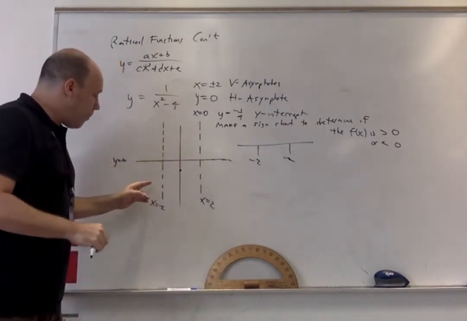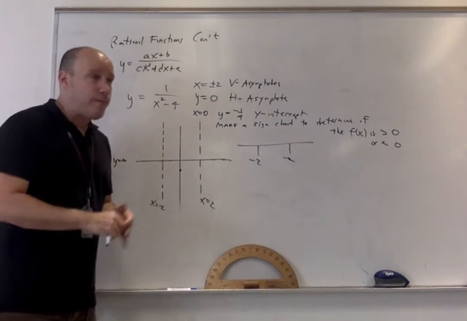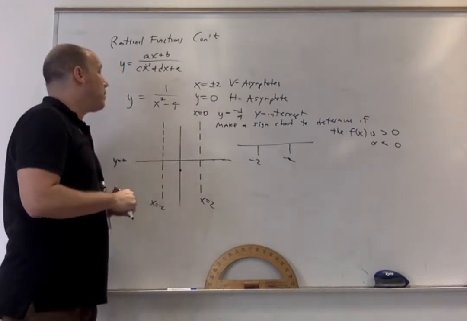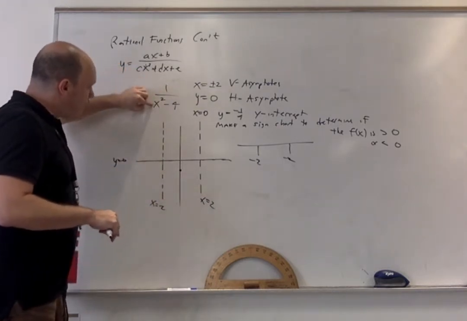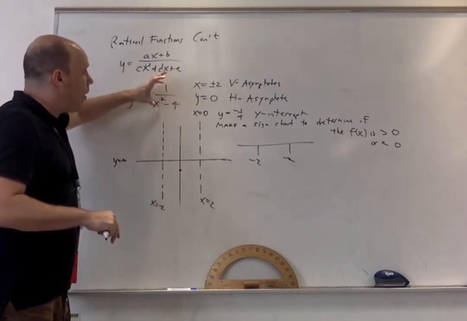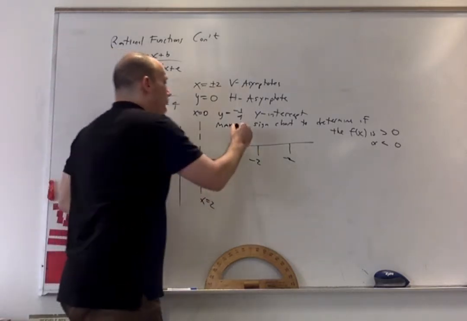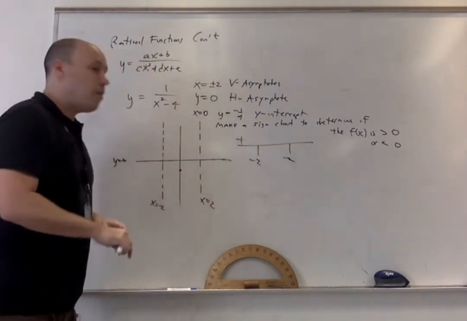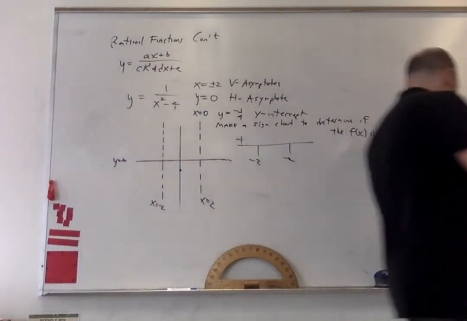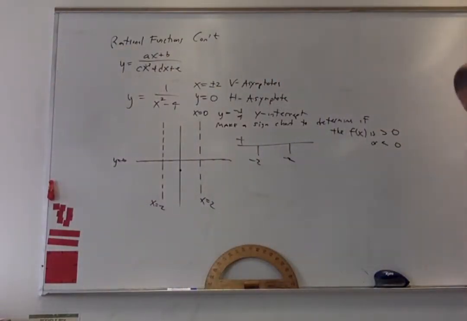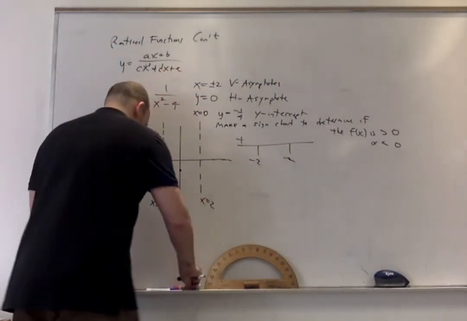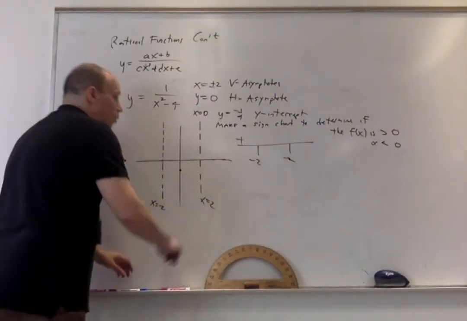So let's take a point to the left of negative 2. For example, negative 10. Well, negative 10 squared minus 4 is positive. Positive over positive, positive. I'll use different colors, actually, to make it fun. Let's see, I have blue, I have red, and I have pink. So, we'll start with black.